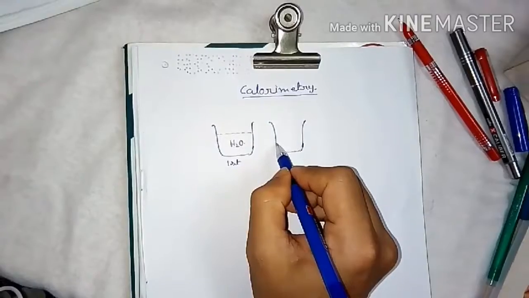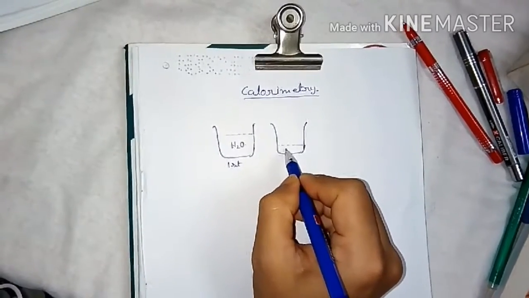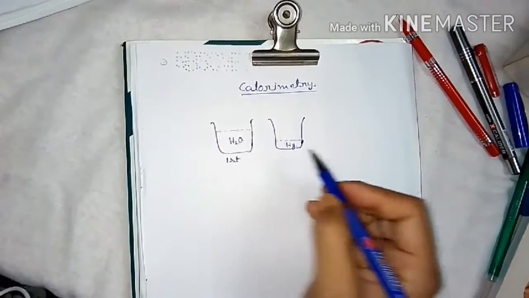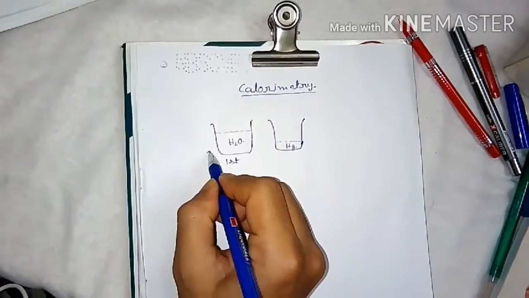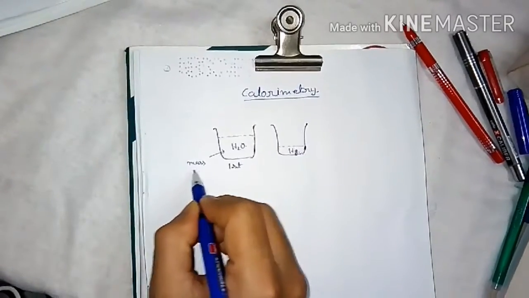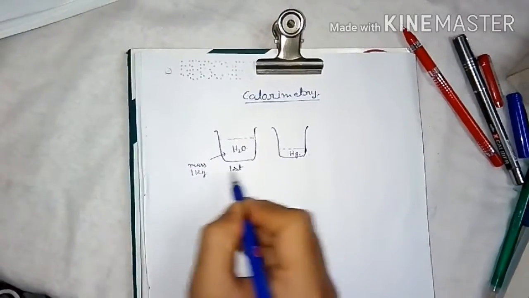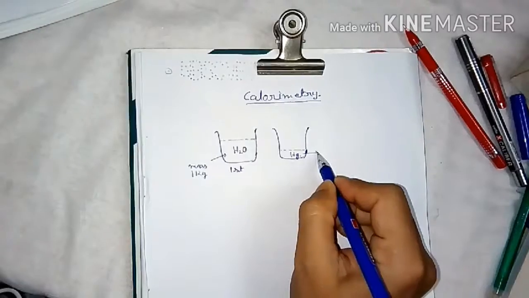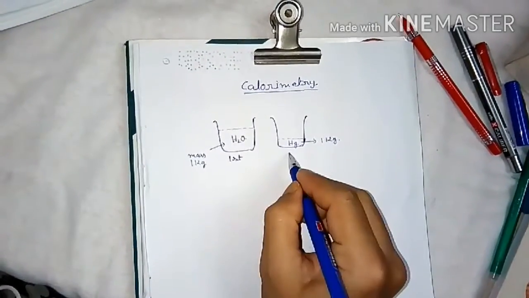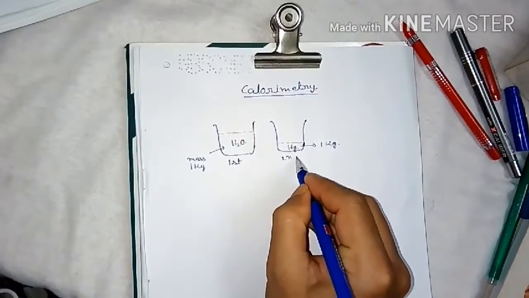The second one is filled with 1 kg of mercury. Both masses are 1 kg.